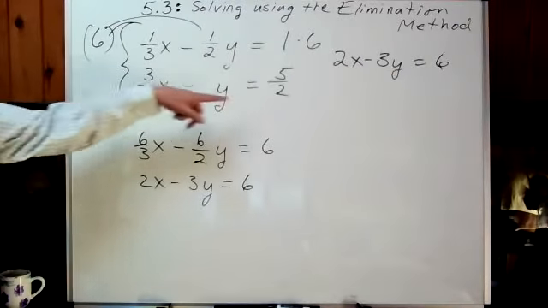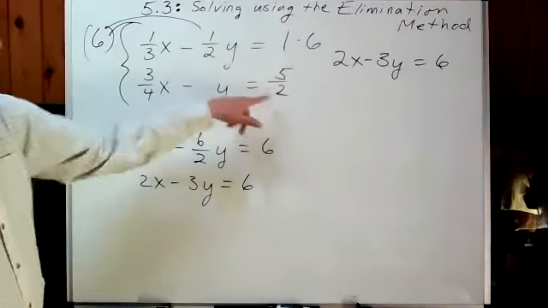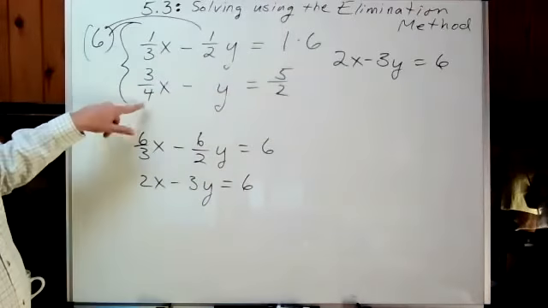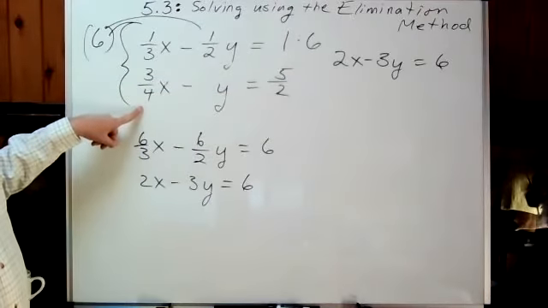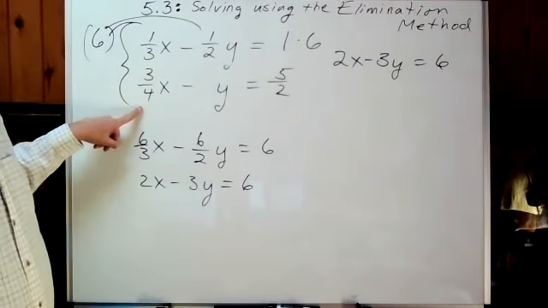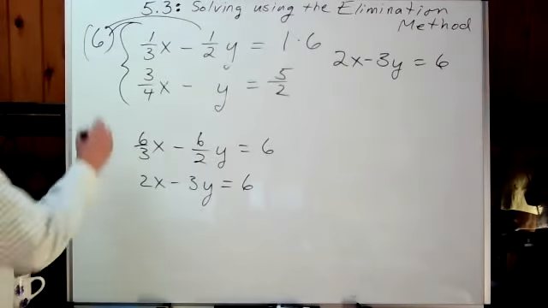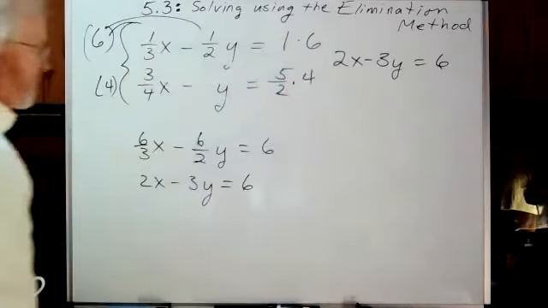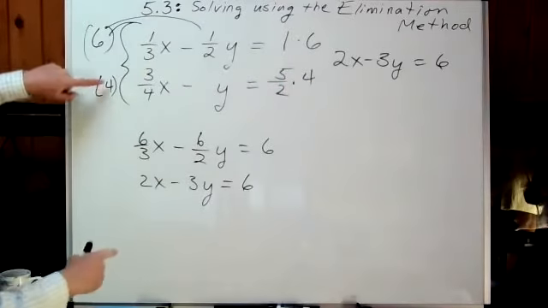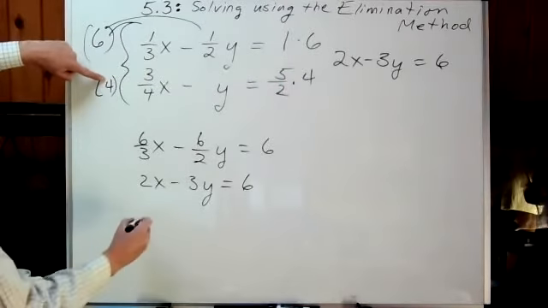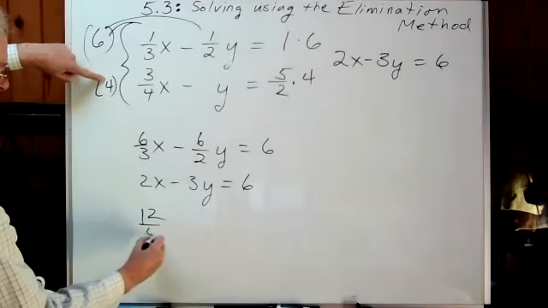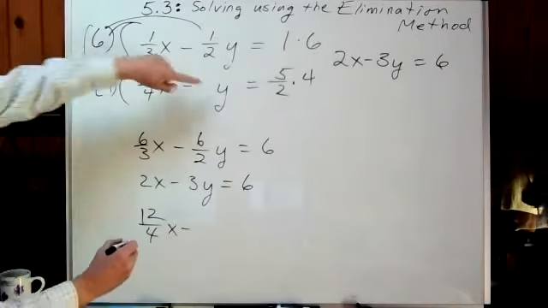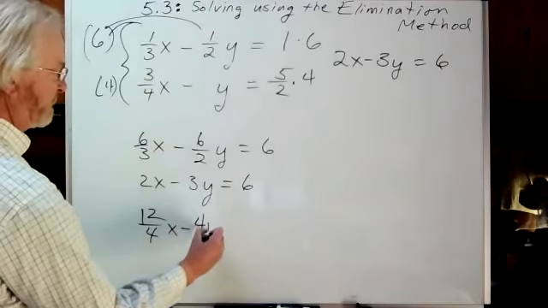Doing a similar thing to the second equation. Look at the fractions. 4 would be a good common denominator, the least common multiple, right? The smallest number. So if I multiply everything times 4, again, I'm going to write that all out. So 3 times 4 is 12/4 minus, and that's just going to be 4y.